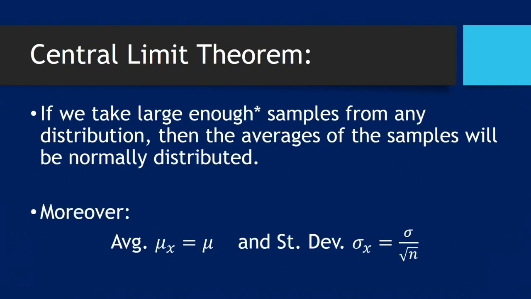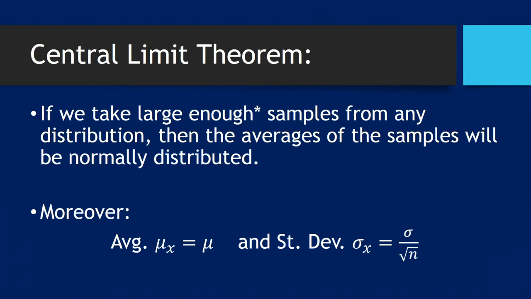So here's the central limit theorem. Here's the definition. It says if we take large enough samples from any distribution, no matter what kind of distribution it is, the averages of the samples will be normally distributed, and moreover, the average of my samples will be the average in my original distribution.